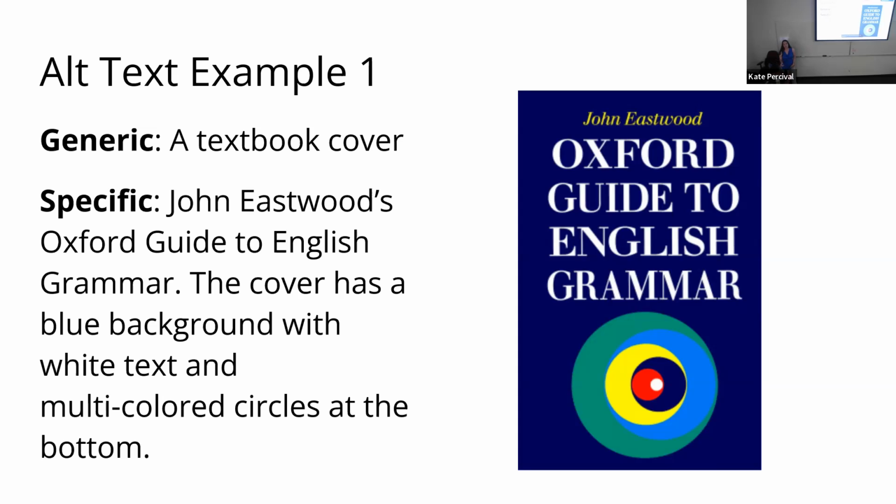If you're going to include an image, you might want to include very specific alt text, such as John Eastwood's Oxford Guide to English Grammar. The cover is a blue background with white text and multicolored circles at the bottom. That gives your students a visual of exactly what it is that they're looking for.